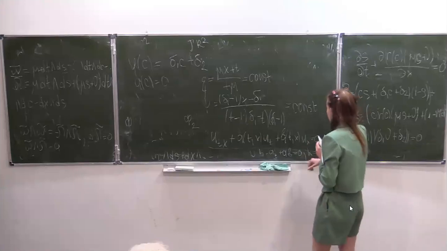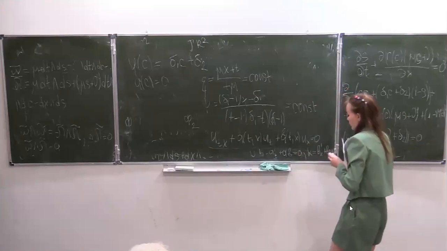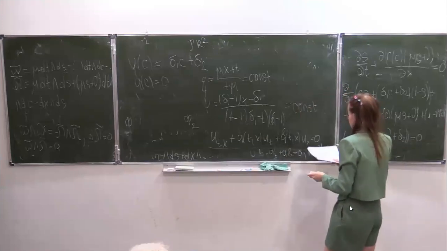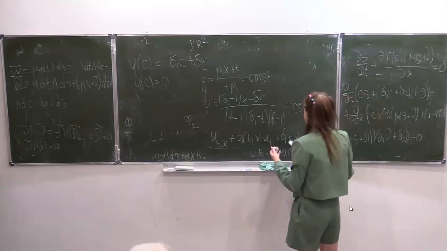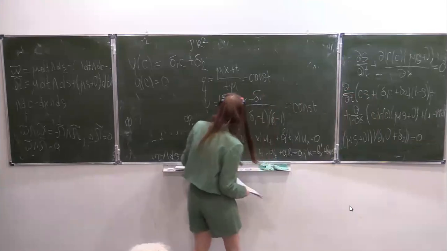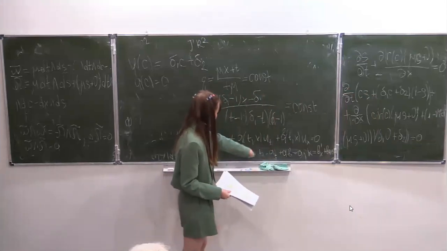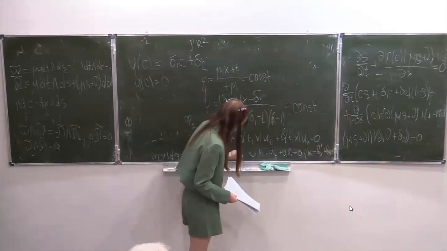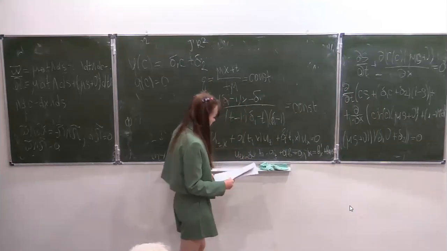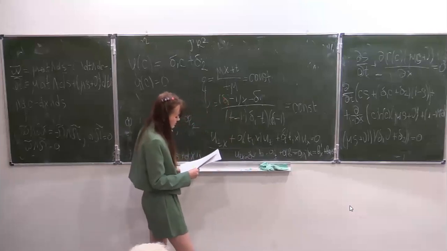It means that for one step of the Laplace transformation, Laplace cascade method, we can bring our system to wave equation equals 0. And we made it.